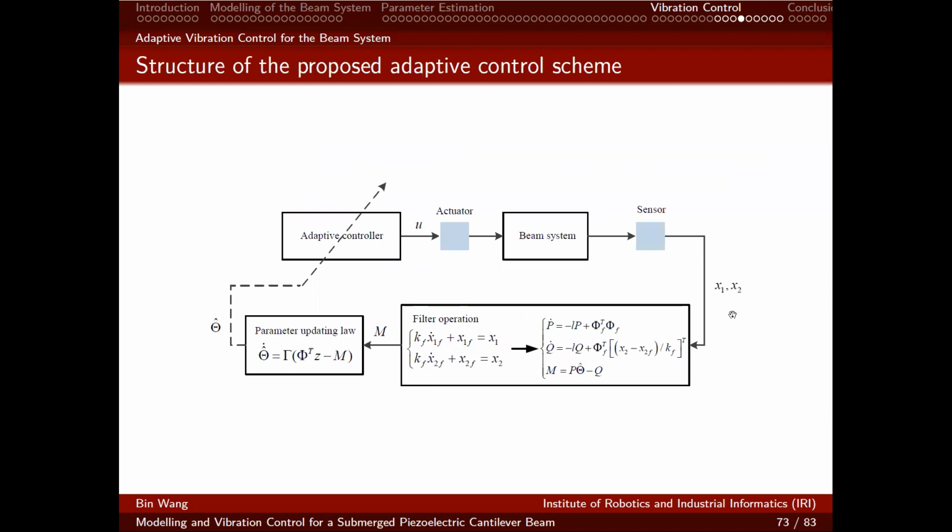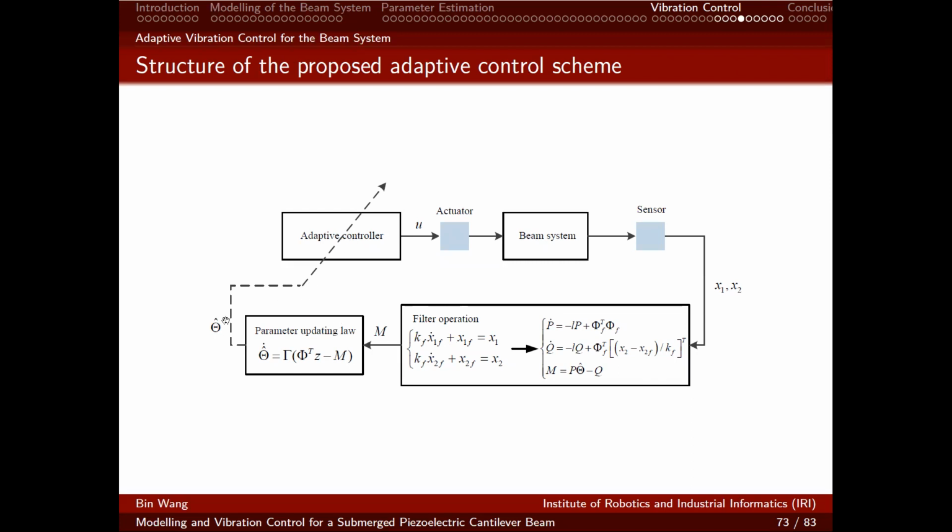The structure of the proposed adaptive control is given here. We have the beam system and we use a sensor to measure the states. So we can use a filter operation to obtain a variable m. And m is introduced to the parameter updating law that allows us to estimate the parameters using the estimation error.